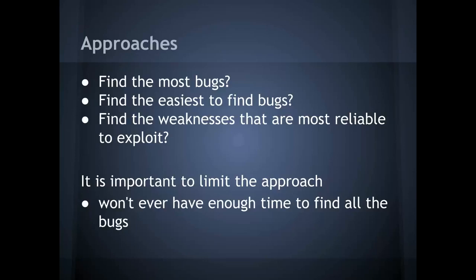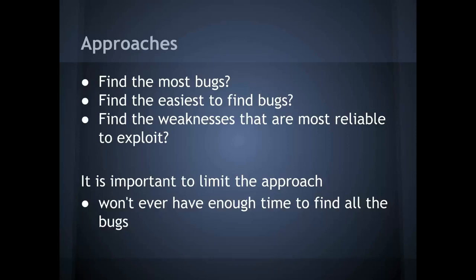Which leads us to, now that we've covered tools and the different categories of bugs, what your approach and what your goals and what your strategy should be. Are you focused on finding the most bugs?